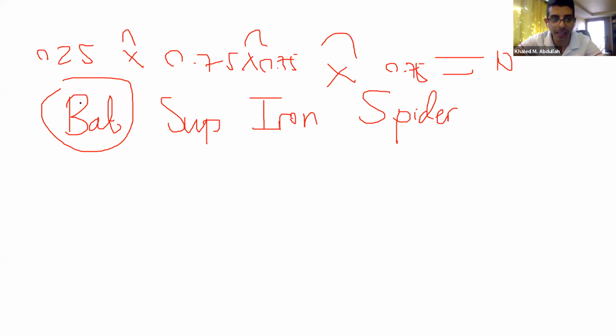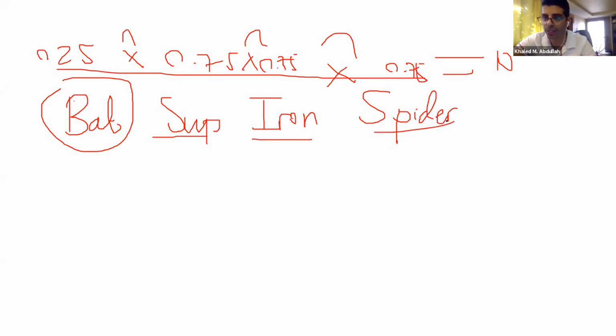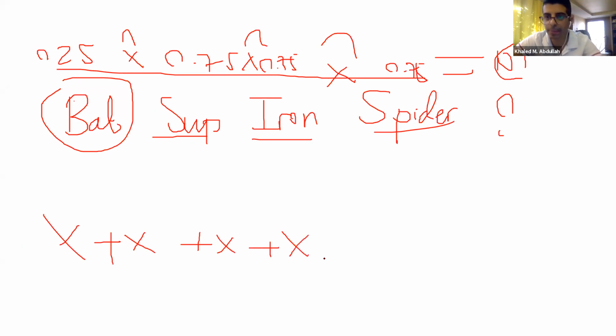So one has to be affected, but the others are all right. So you just keep repeating this. You do one of these as Batman, then another one as Superman, then another one as Iron Man, then another one as Spider-Man, and all of those percentages will be the same. They'll be 10, 10, 10, 10. Then you add them. If you have X plus X plus X plus X, how do you simplify this?